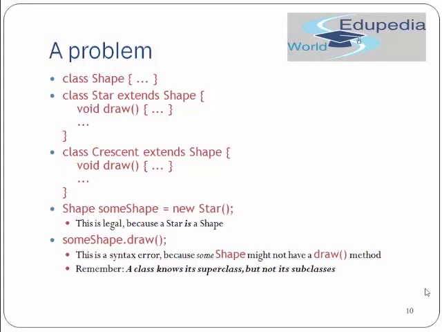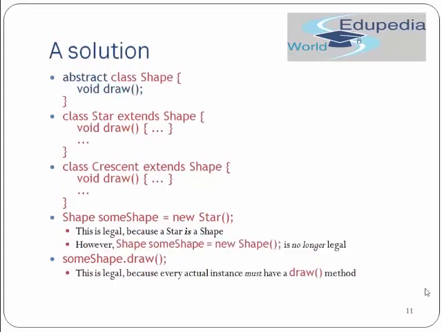So in order to make Shape have a draw method, we can change the type of the Shape class to abstract and create a draw method without providing its definition. I hope you remember that a class knows its superclass but not its subclass. So the superclass must have that method. The solution is to change it to abstract and provide an abstract draw method.